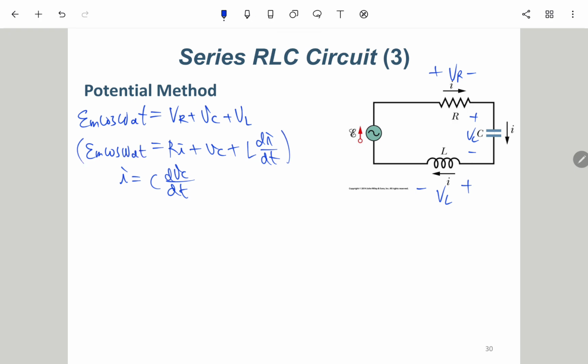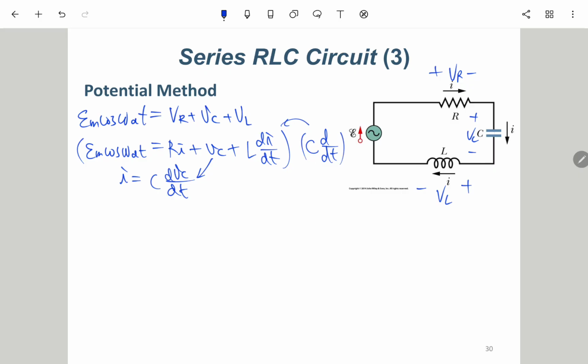For this, hopefully we make it an I. What we need to do to convert this is take the derivative and then multiply by C. So we multiply by C, and then we take the derivative of the whole thing.